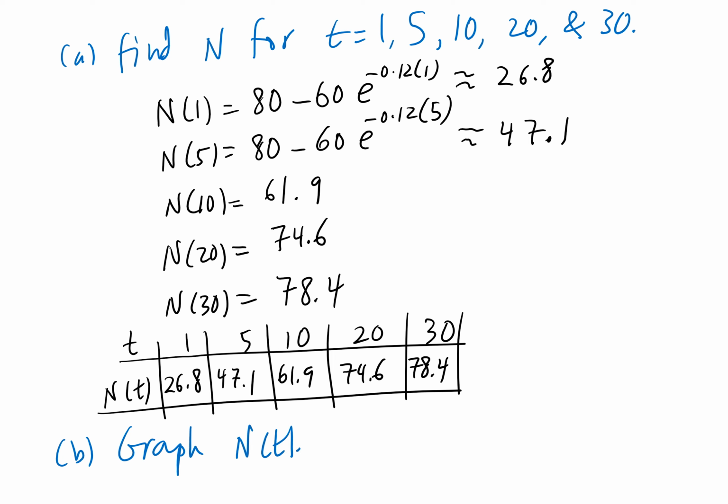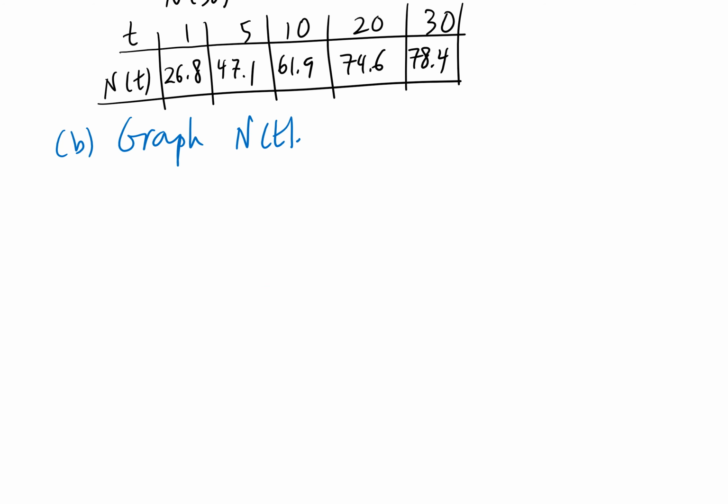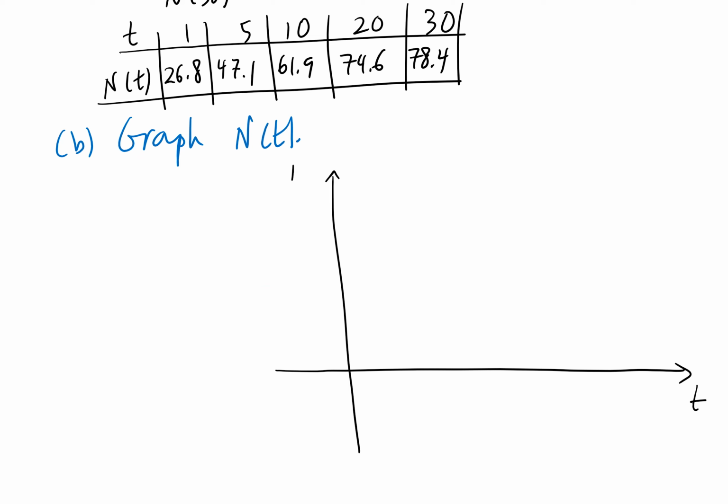How do we graph n of t? So we're going to graph it using the t, n of t, using the table I just created. So it goes up to 30, so maybe you can go by increments of 10. So 10, 20, 30. And then the highest value is 78, so maybe go up to 80.